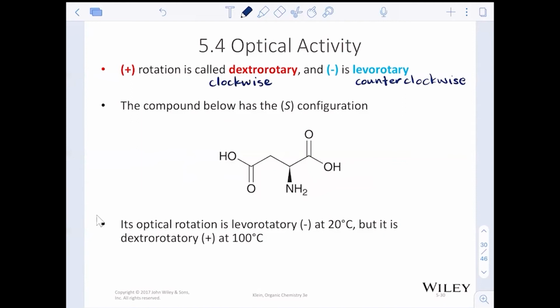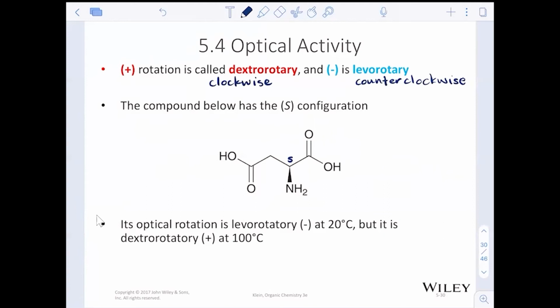But notice this compound below. This guy has the S configuration. Just noting R and S doesn't tell you if it's positive or negative. You actually have to go into the lab and figure it out. So there's no correlation between R and S and positive and negative. Do not assume that.